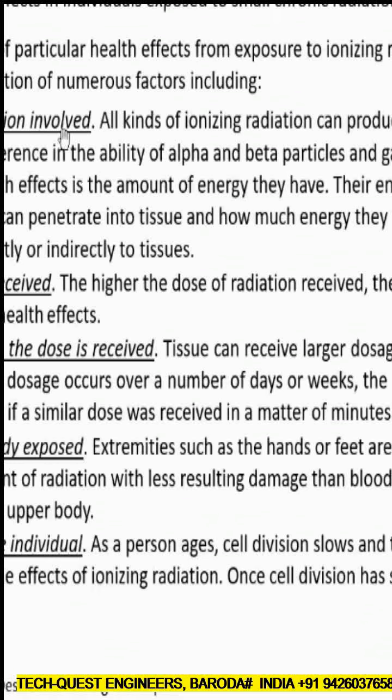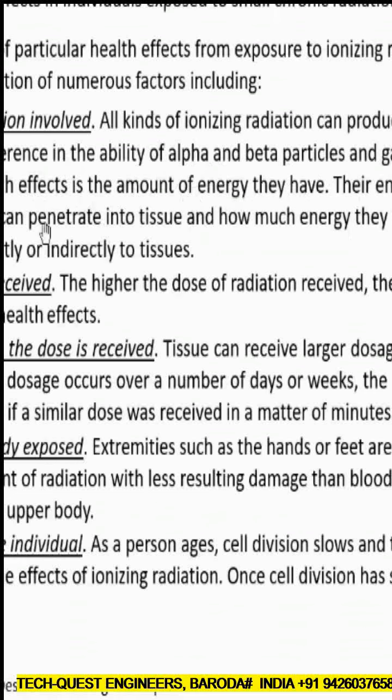Type of radiation involved. All kinds of ionizing radiations can produce health effects. The main difference in the ability of alpha and beta particles and gamma and X-rays to cause health effects is the amount of energy they have.